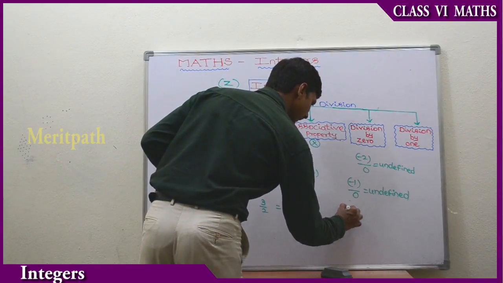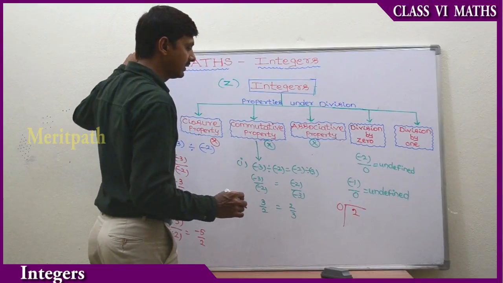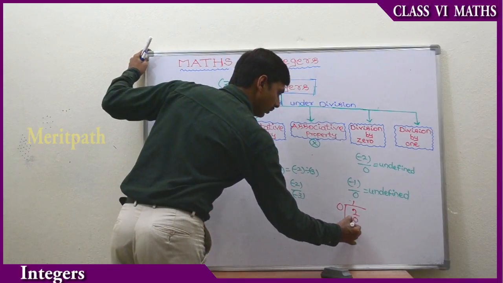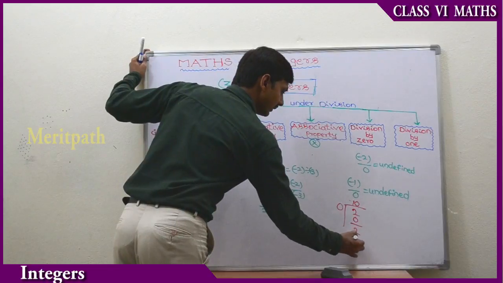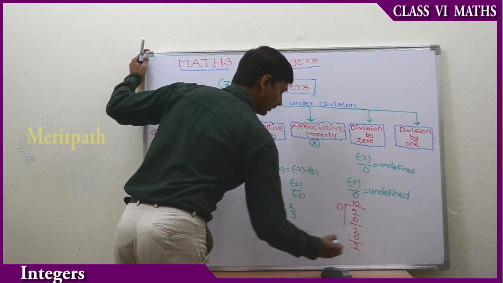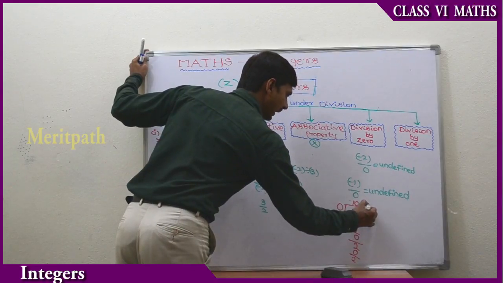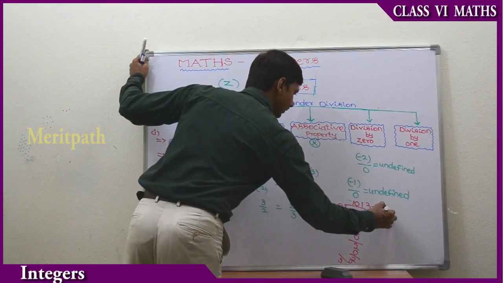2 divided by 0. So when we take any number, the quotient is 0 but 2 will be remaining. 0 zeros are 0, and we'll be getting 2 as remainder. And if you take any number, it is 0 only, and we'll be getting the same result.